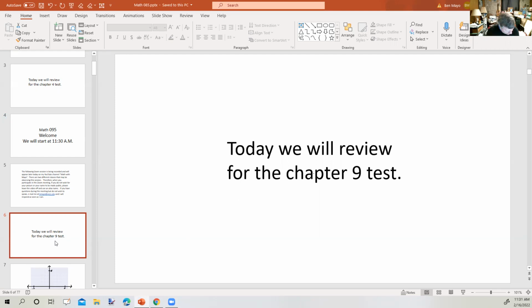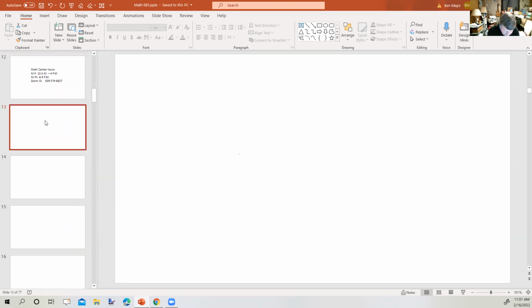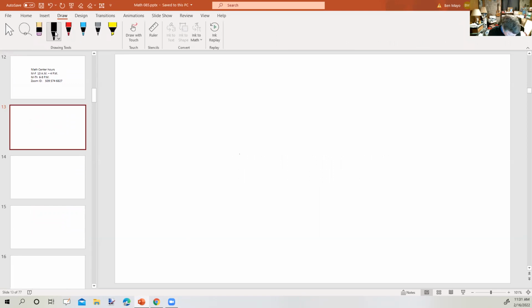All righty, I got a request for a couple of problems, so we'll start with those. This is from section 9.5, and this is number 16. It says, solve the equation.